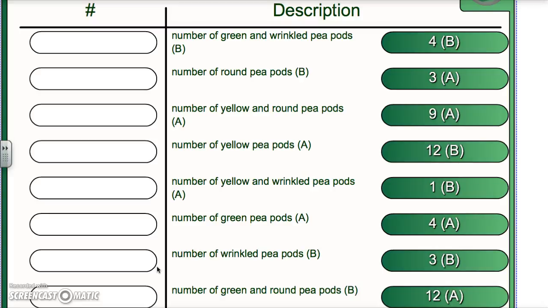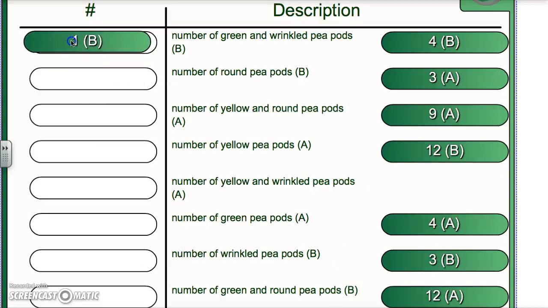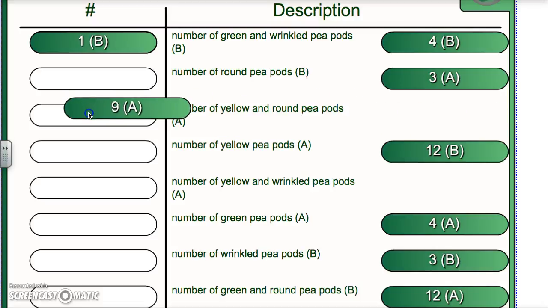So the number of green and wrinkled pea pods, we draw the distinction that green and wrinkled are both the recessive traits, and so this is 1 from the 9:3:3:1 ratio. The number of yellow and round pea pods, so this is a dominant and a dominant trait. So we've got 9 here. So that's the 9 from the 9:3:3:1.